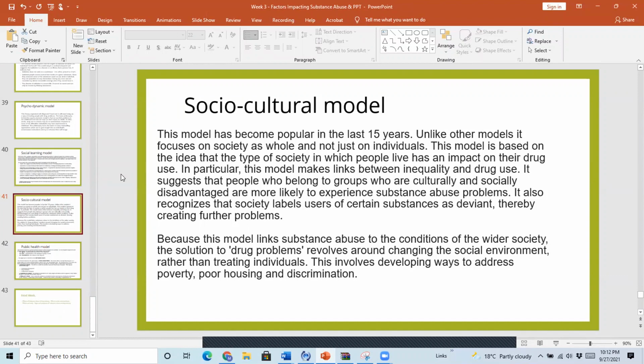Rather, instead of treating it as a criminal behavior, they started to treat it as a mental health issue or a medical issue. And when they did that, they completely changed things. And now treating those individuals rather than putting them in jail became a very effective way of dealing with addiction disorder.